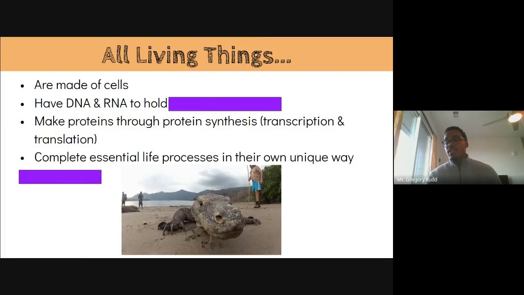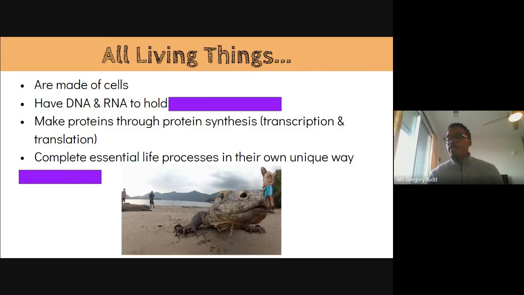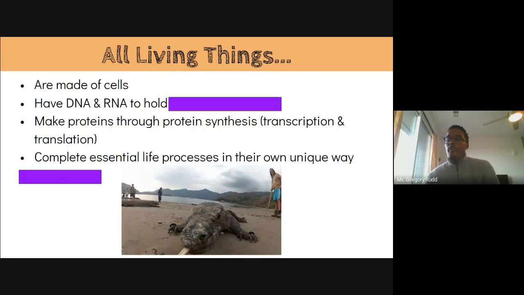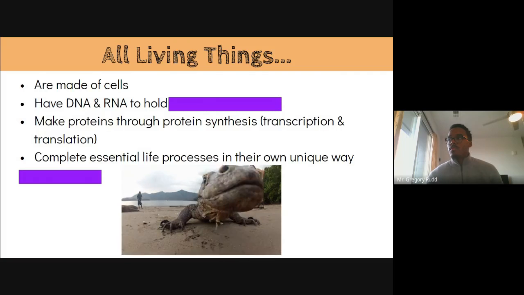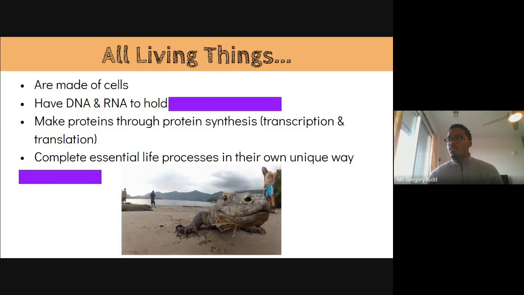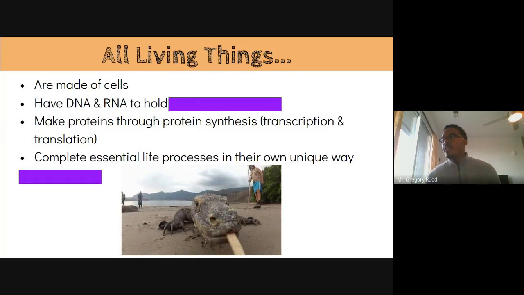Because you're on the right track. You're just missing one word. There's an adjective that should go in front of information. Genetic information. Genetic information. Thank you for tag teaming on that, Brian.